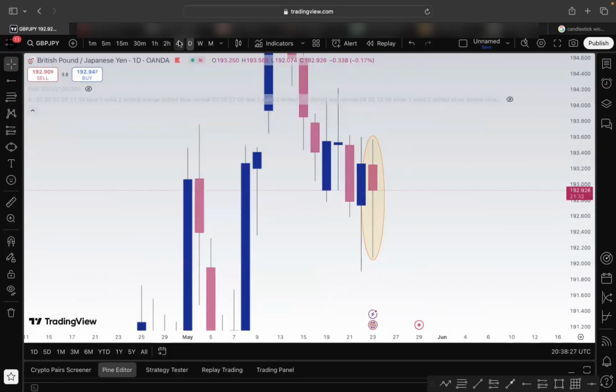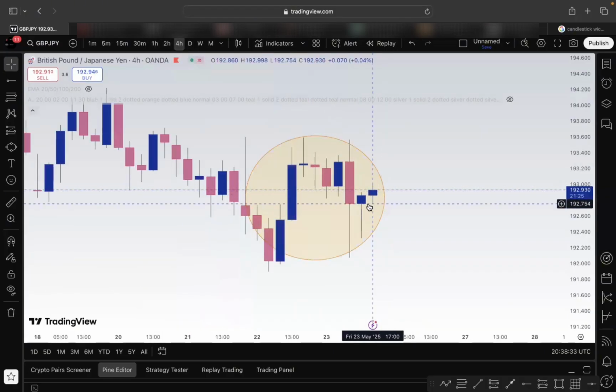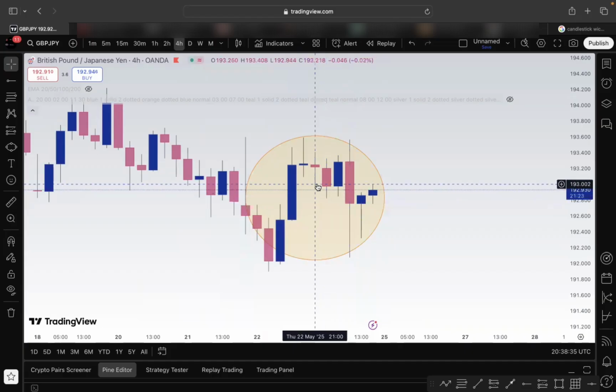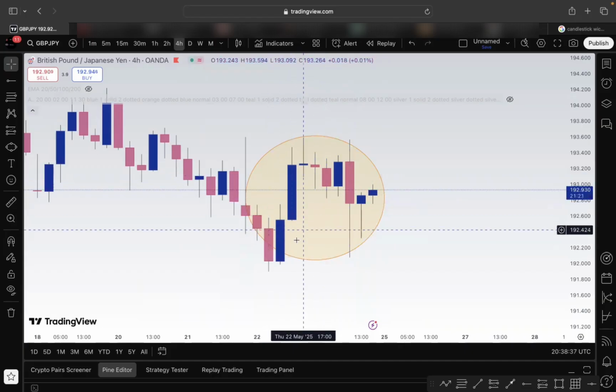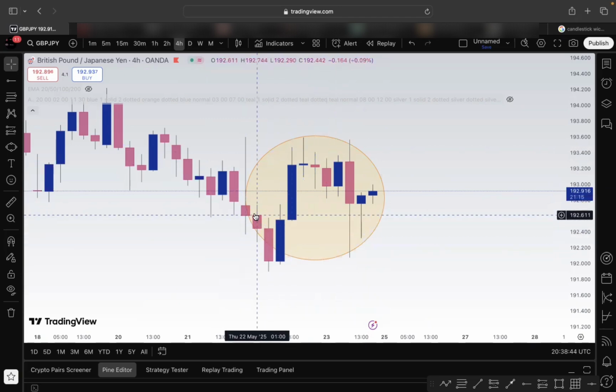There's no time, but obviously we know it's at 12 a.m. So we go to the 4 hour. You can see a bearish move, and the candle should have opened by 12 a.m., so it should be here.